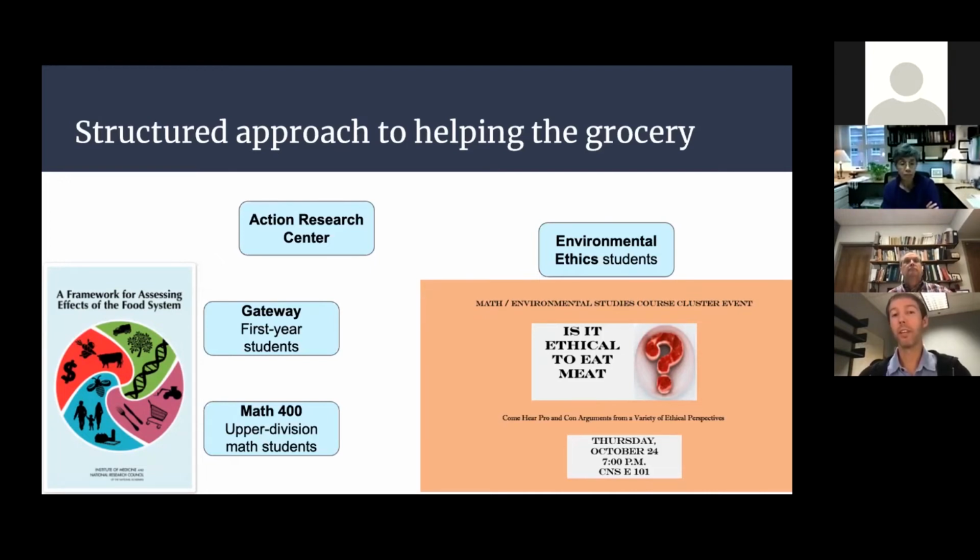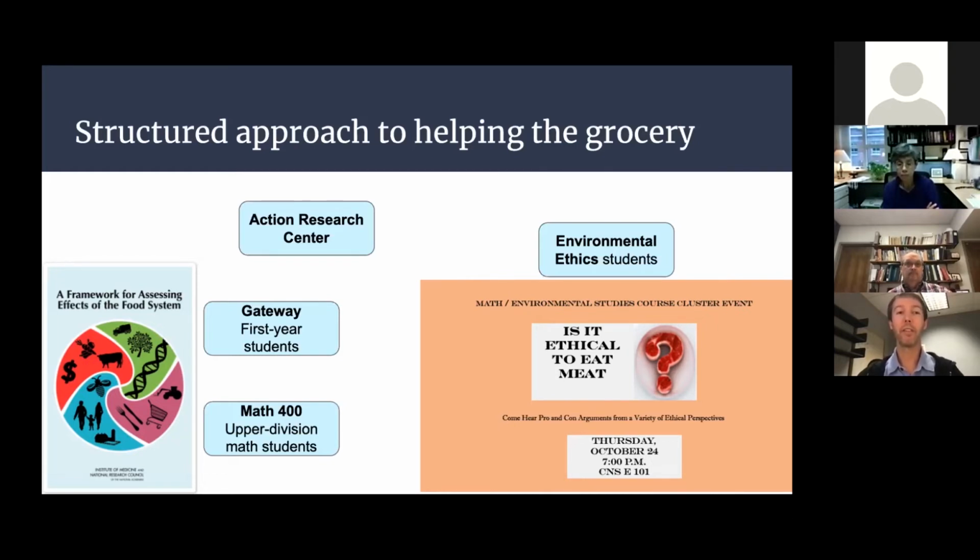Another was taught by Zahia, the math modeling course she was talking about earlier. And the third was an environmental ethics course taught by Jim Simeone. The three of us came together to study the food system broadly.